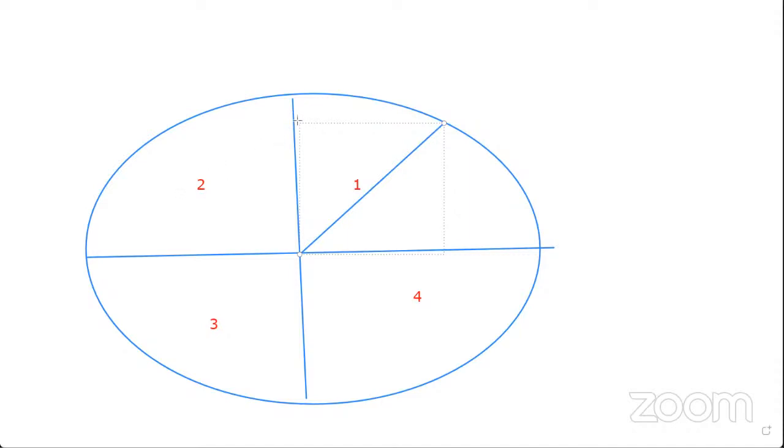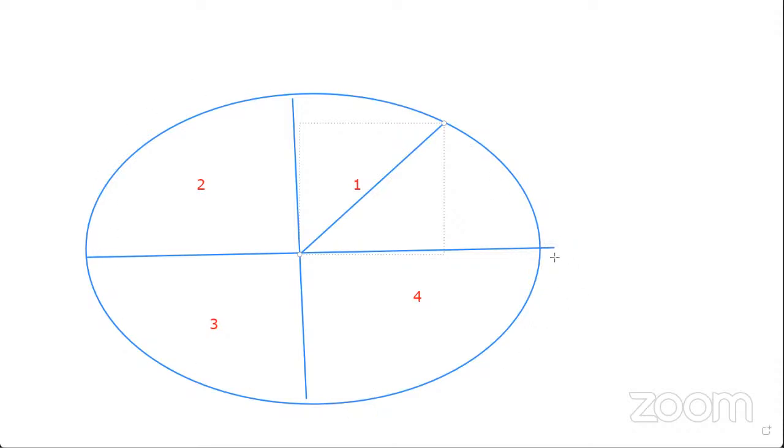The second quadrant is 90 to 180 degrees, the third quadrant is 180 to 270, and the fourth quadrant is 270 to 360. And it will continue going.